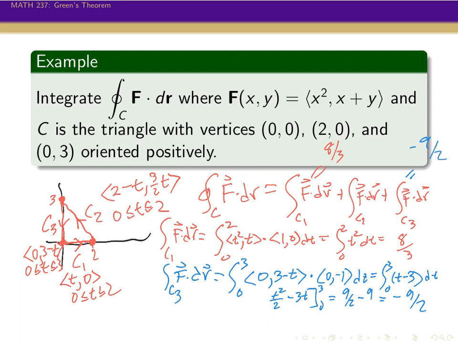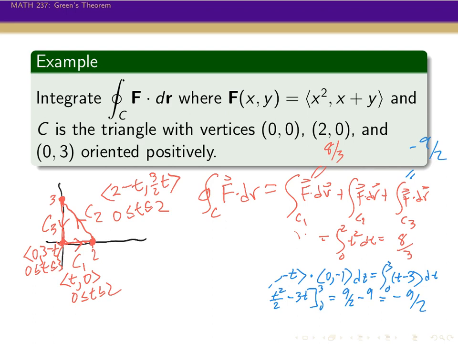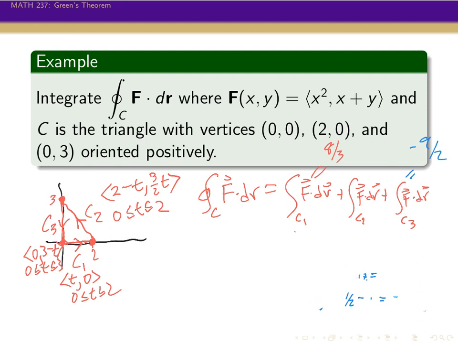And then what about the middle one? So let's get some space in here. Okay, so for the middle one, our parameterization is 2 minus t, 3 halves t.